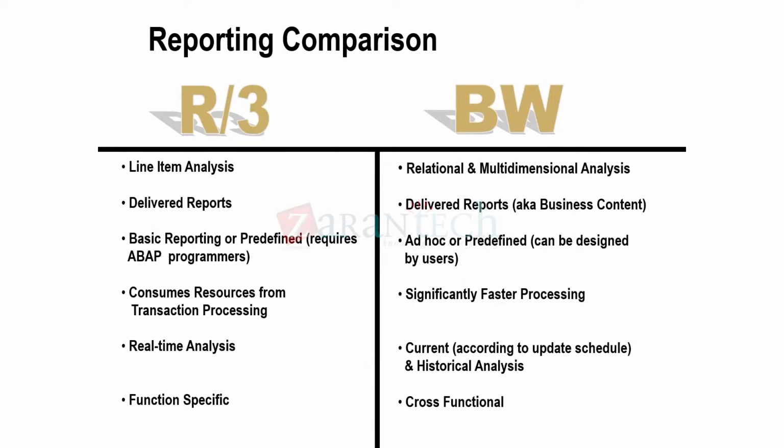There are hundreds of standard Fiori apps delivered by SAP, which can be easily consumed by S4HANA clients. Whereas in BW also, we have the flexibility of using out-of-the-box reports. These are called delivered reports, and they are delivered in the form of what is called business content. There is a topic in itself called business content, and we will cover that as well. There are lots of objects which are delivered by SAP, but they are in a compressed or zip format.